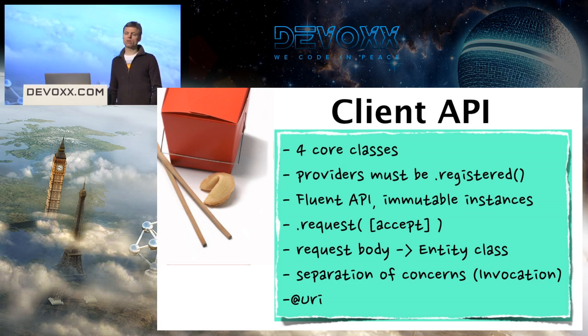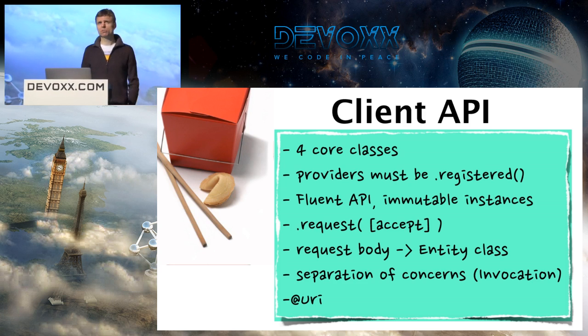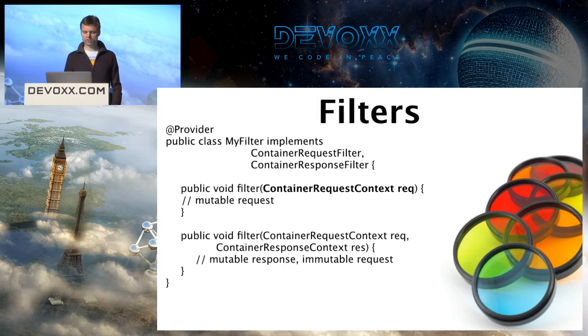So if you have questions now about the client API, it's probably a good time to ask, but we can also do this in the end, of course. Oh, and we had the add URI annotation.